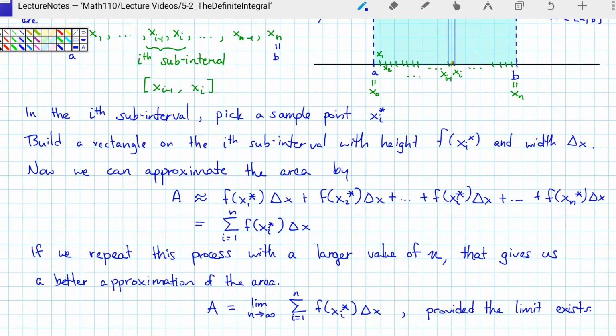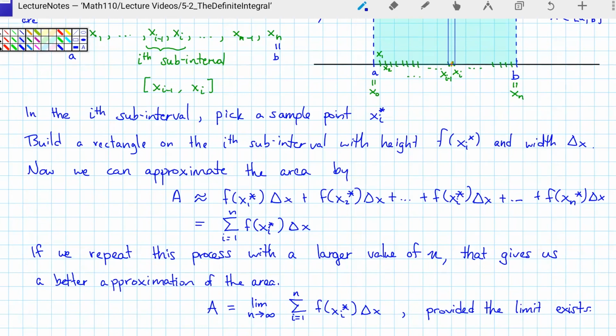And the way you calculate that volume is you slice it up into slices, calculate or approximate the volume of each slice, and then take a limit as your number of slices goes to infinity. So this is a very, very common process, and it is worth getting accustomed to this whole setup.